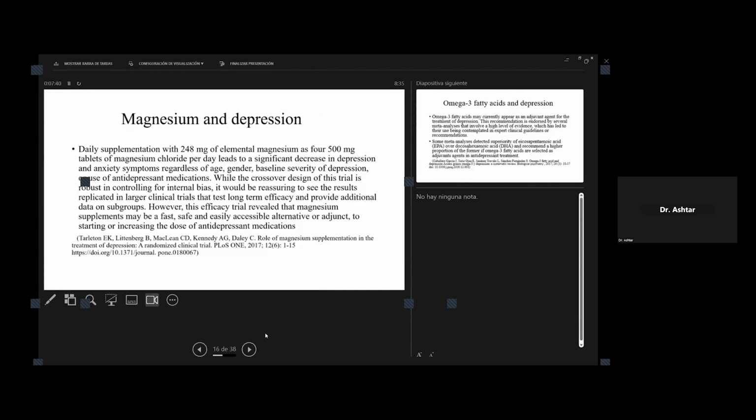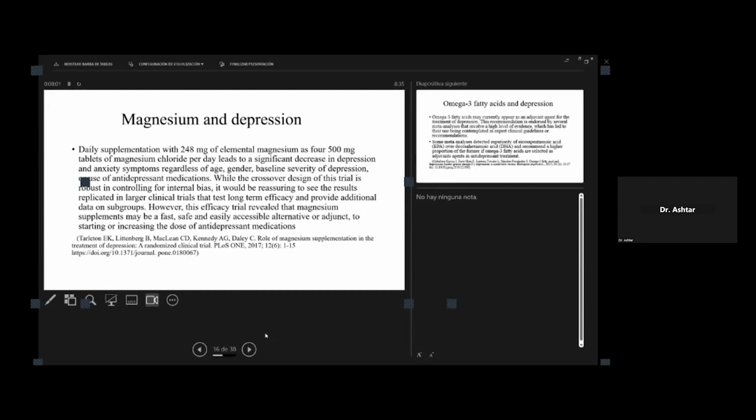Magnesium and depression. Daily supplementation with 248 milligrams of elemental magnesium as four 500 milligram tablets of magnesium chloride a day leads to a significant decrease in depression and anxiety symptoms regardless of age, gender, baseline severity of depression, or use of antidepressant medications.